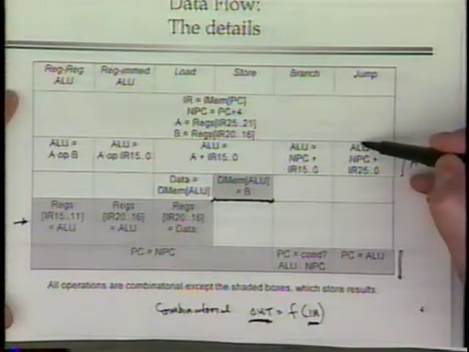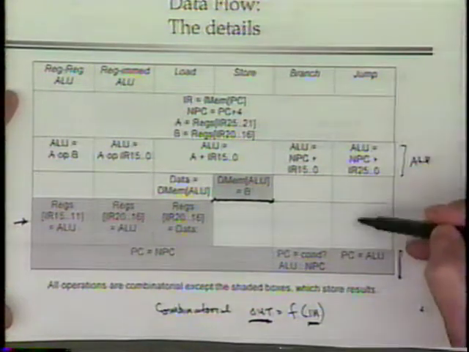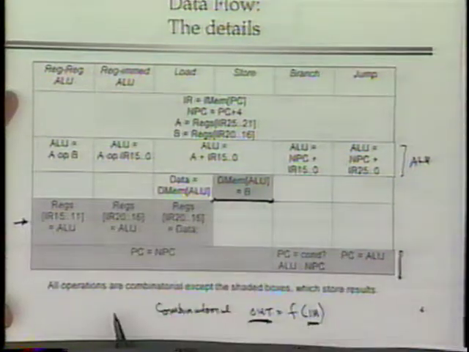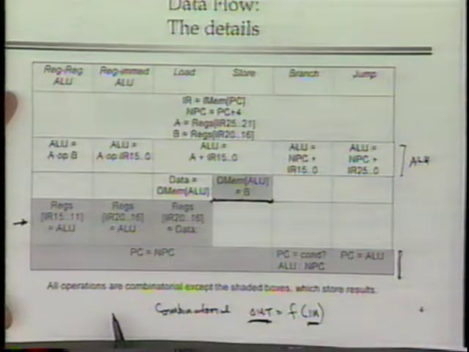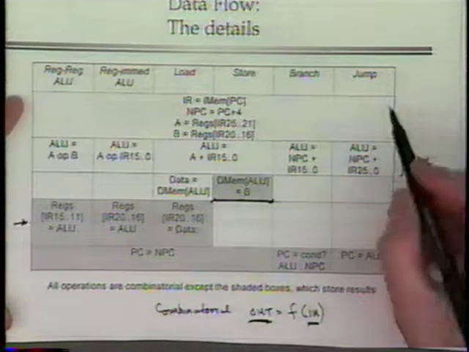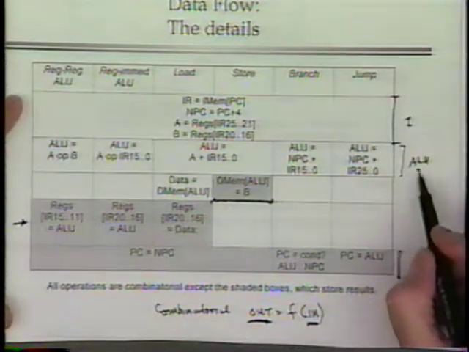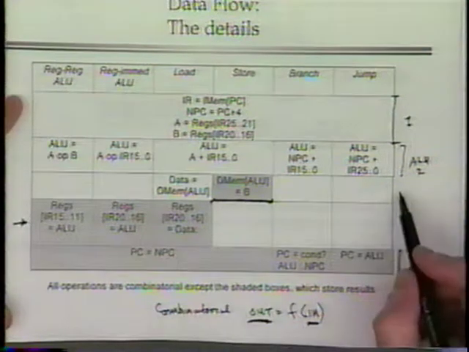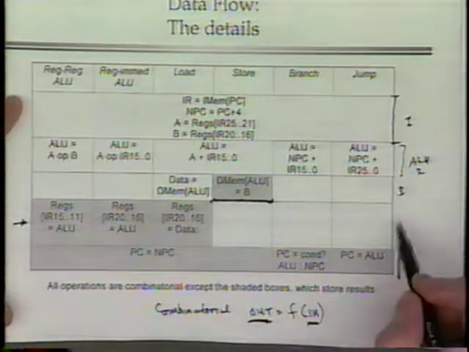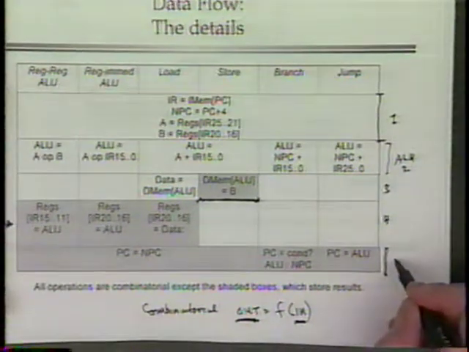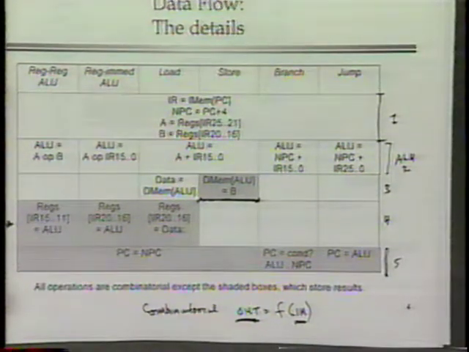These are the operations done for all instructions, and then there are 3 or 4 phases of operations done differently depending on each instruction. Well, one thing you might think of doing is taking all of this stuff, making it stage 1, all of the ALU stuff, making it stage 2, all of the memory stuff stage 3, all of the register write-back stuff stage 4, and all of the PC updating stuff stage 5. Gives us a 5-stage pipeline.